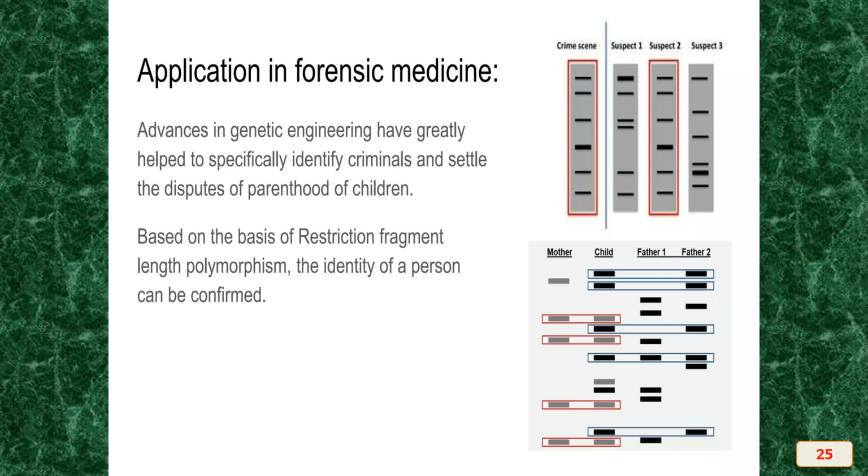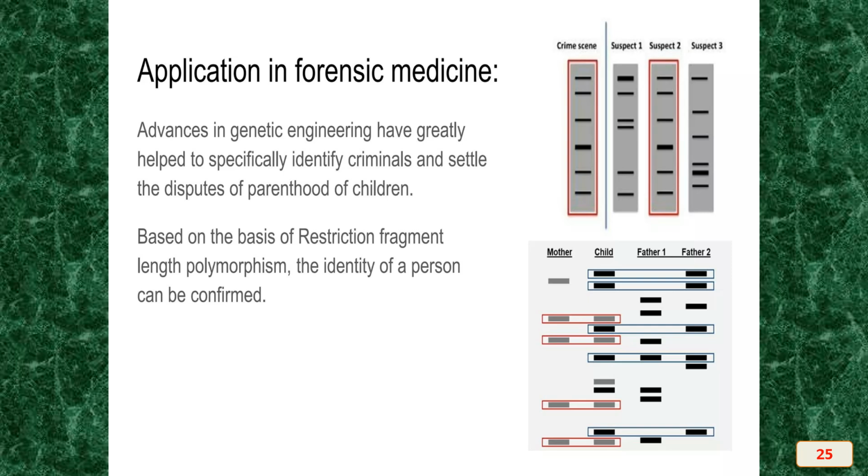So on the basis of restriction fragment length polymorphism, the identity of a person can be easily determined nowadays by matching the DNA of a child with that of the mother, father one, and father two, whenever there is a dispute.